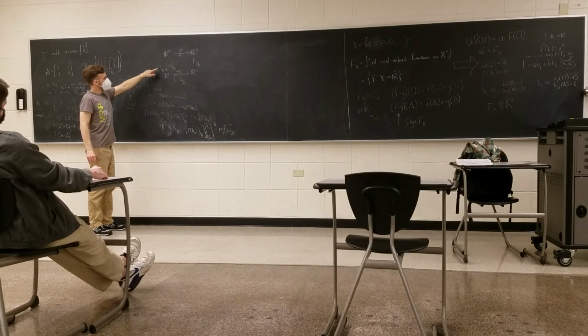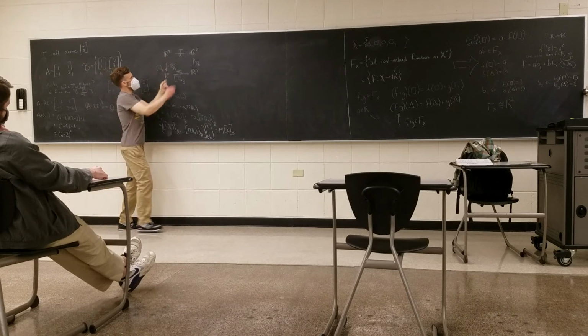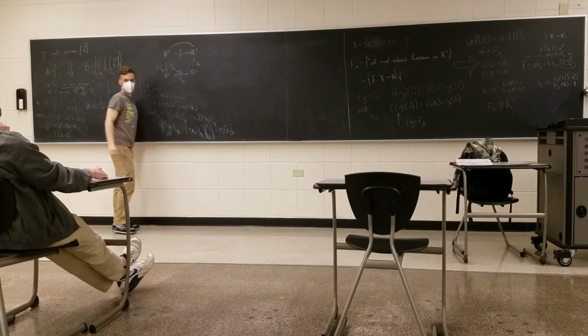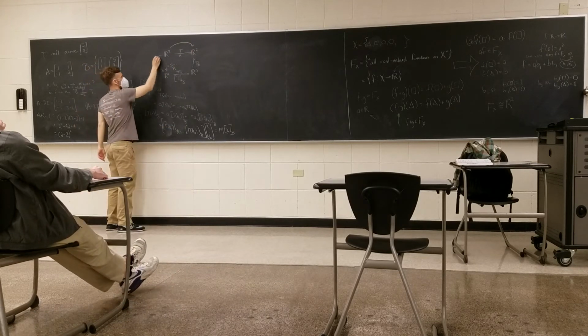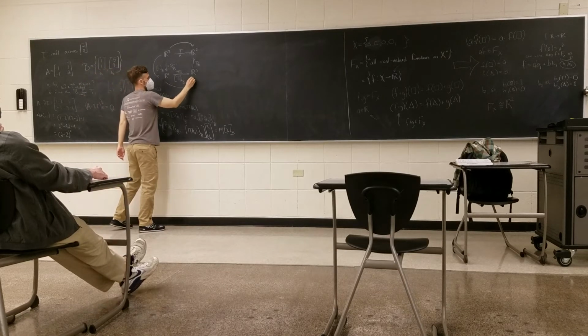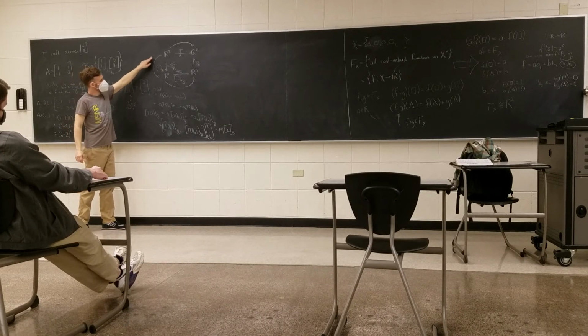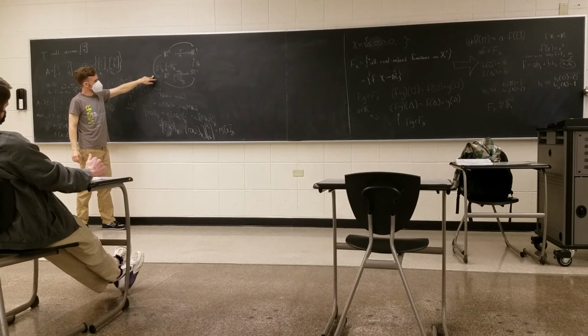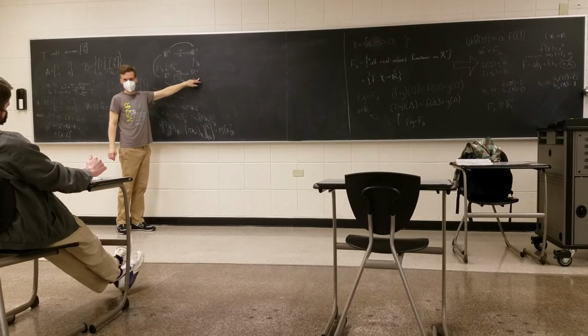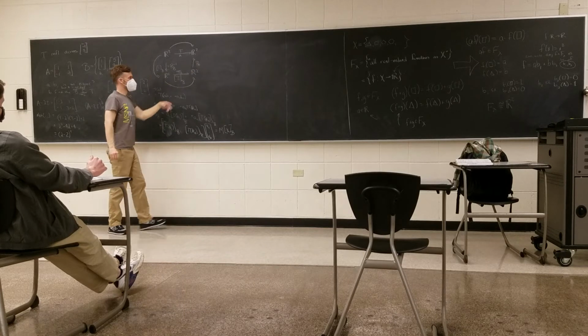And so I can represent this transformation as going into the B basis. So you translate into the basis B, and then you apply the transformation, which is a matrix multiplication of some kind, and then you go back to this basis here.